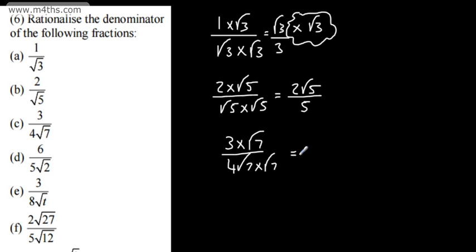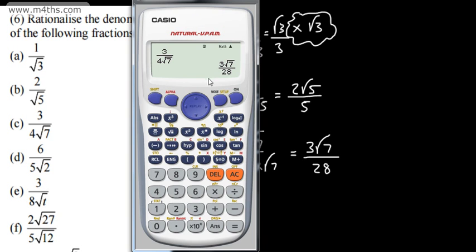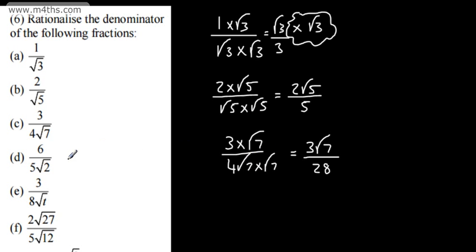That's going to give me in the numerator 3 lots of the root of 7, and in the denominator we're going to have 4 times 7, which is 28. Again, if you want to check that on a calculator, 3 over 4 lots of the root of 7 is going to give us the value we've just found. So 3 root 7 over 28. Quite clearly this will be a non-calculator exercise initially, so you can show that you have the skills to do this.